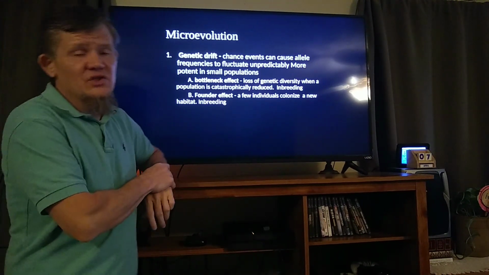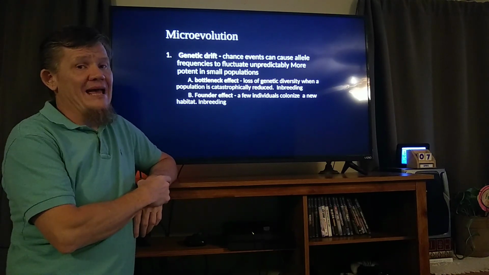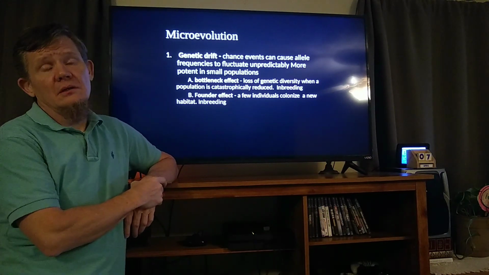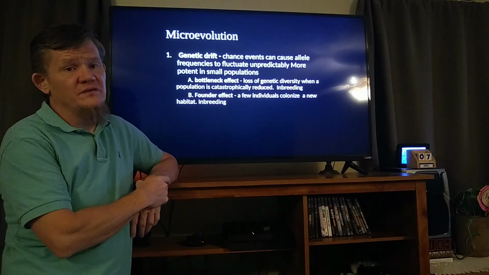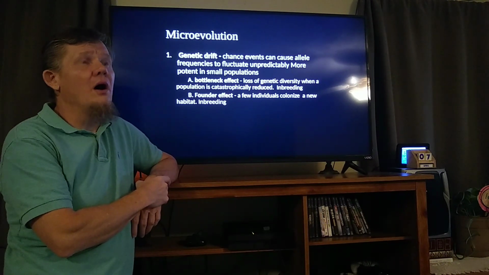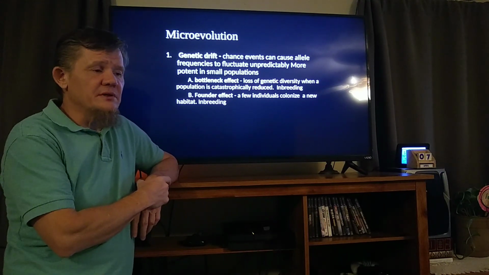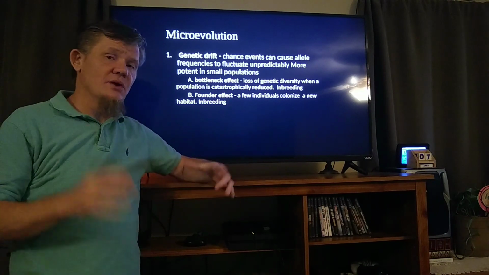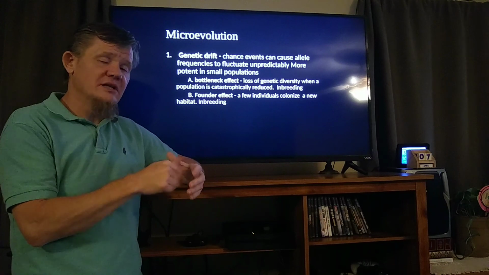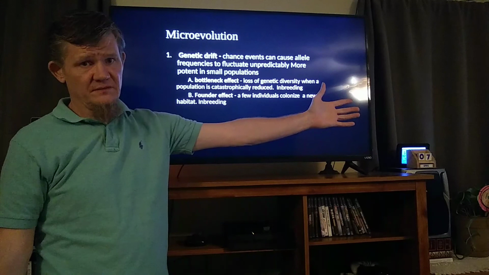Genetic drift is when chance events cause changes in the gene pool by editing out certain frequencies. There are two basic forms of genetic drift, and they have similar effects, but the cause of each is quite different. The similar effect is, in both of these cases, you have a population of just a few individuals that all interact and breed together, and over many generations become a large population of individuals.